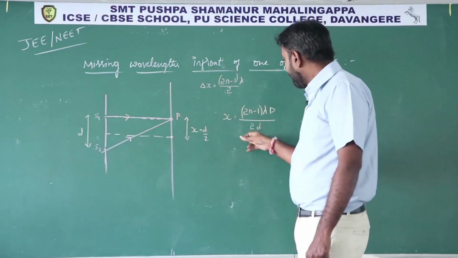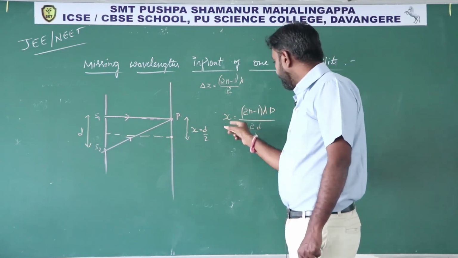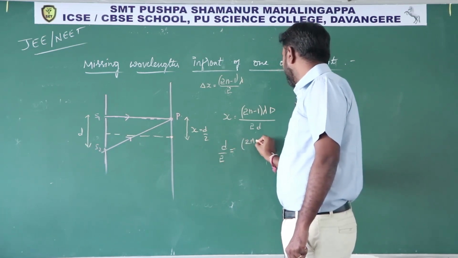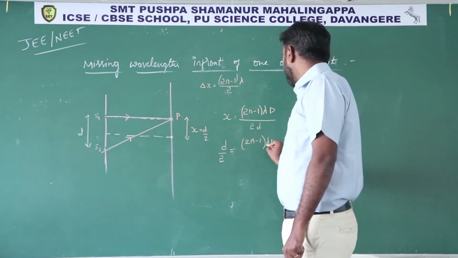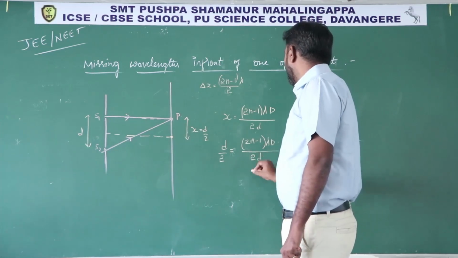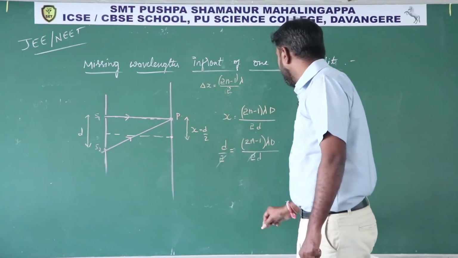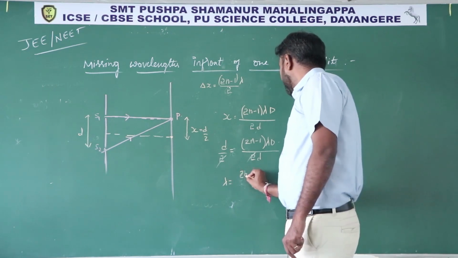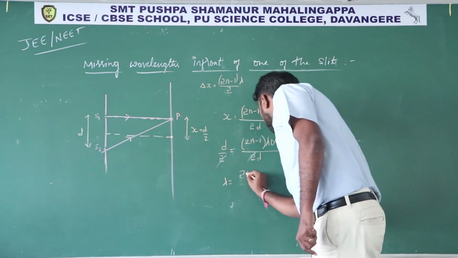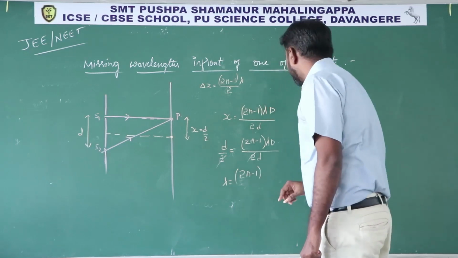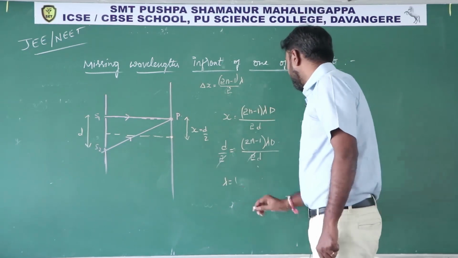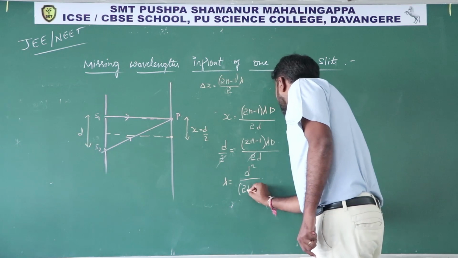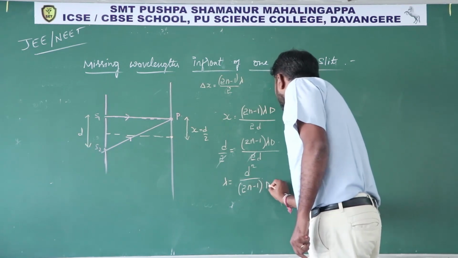Then if you substitute the value of x, you get d by 2 equals (2n minus 1) lambda capital D divided by 2d, and this 2 and 2 will get cancelled. So finally the lambda expression you will get is d square divided by (2n minus 1) into capital D.